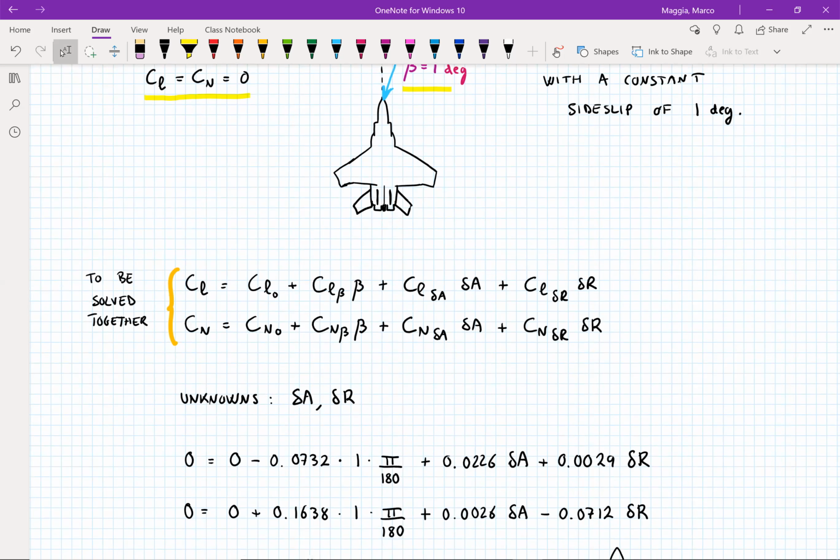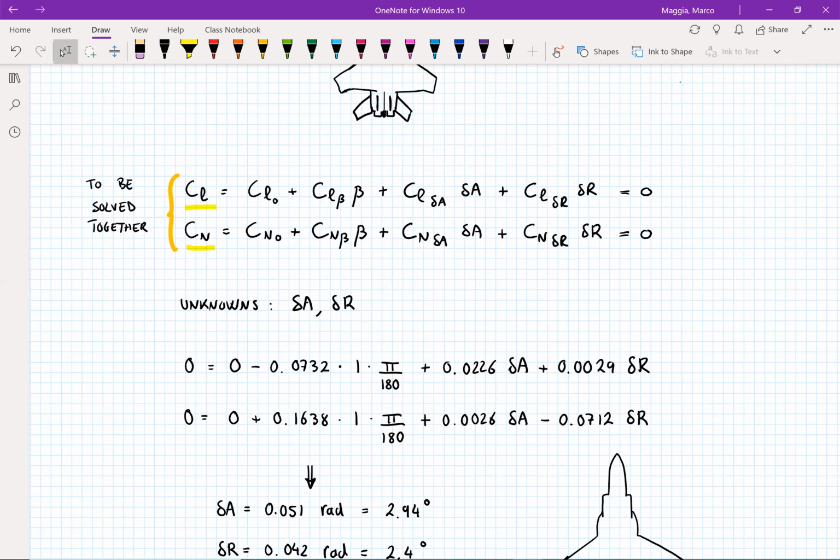In order to do so, we need to solve the two equations for the rolling moment coefficient and the yawing moment coefficient, and we just have to set them to 0, because that's what the trim condition implies. So the only two unknowns that we have really are the control inputs, delta A, the aileron deflection, and delta R, the rudder deflection.